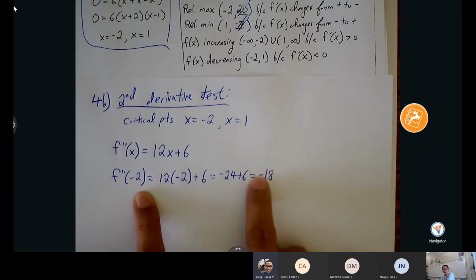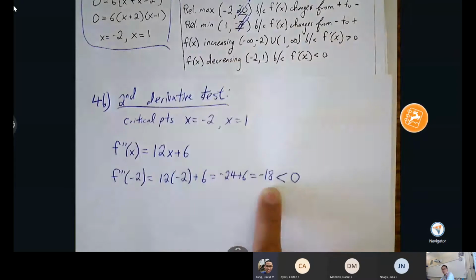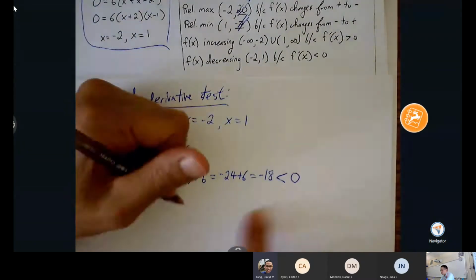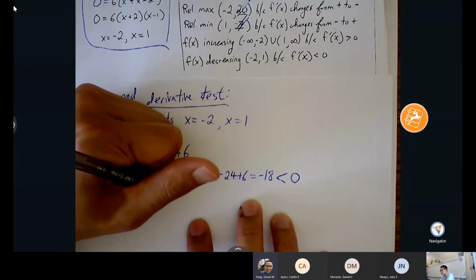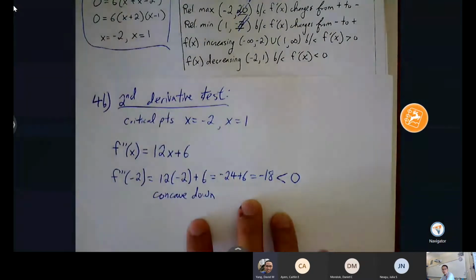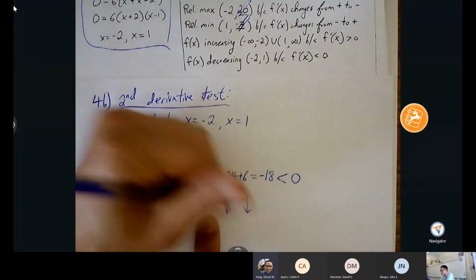Okay, this tells us about concavity, right? What does this tell us? Concave... Right, it's negative, so concave down, right? If our graph is concave down, that means it looks like this.